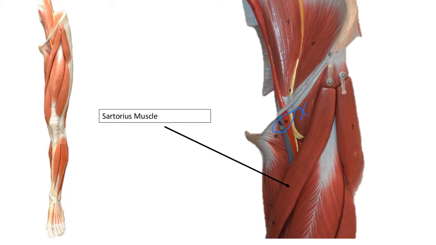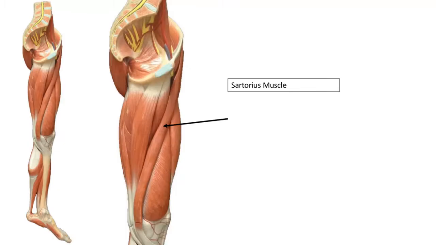So sartorius is lateral to iliopsoas. Sartorius is the longest muscle in the body. You can see it crosses all the way in front of the thigh, goes down on the medial portion of the thigh, and it inserts onto the medial portion of the knee here. That's sartorius.